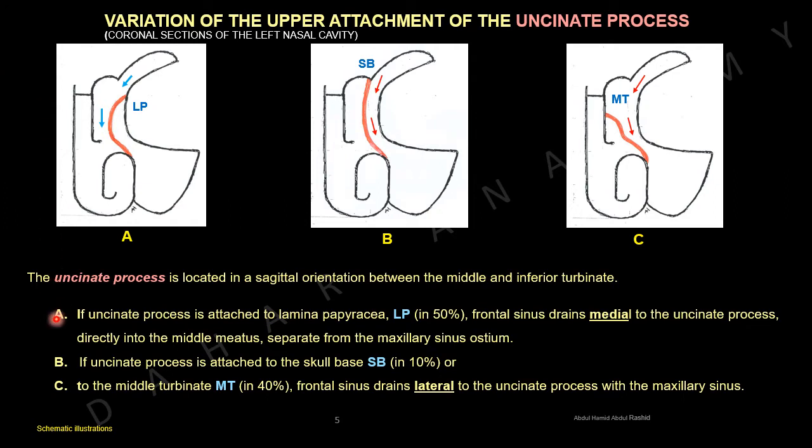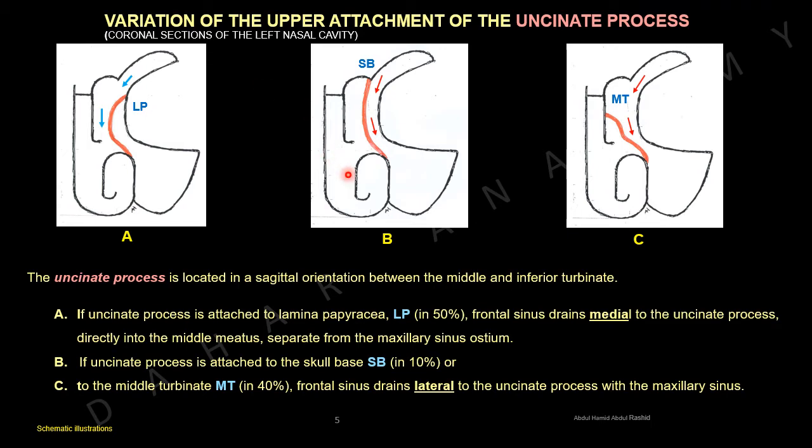A. If the uncinate process coming from the inferior turbinate is attached to the lamina papyracea on the lateral wall, the drainage from the frontal sinus will come medial to the uncinate process directly into the middle meatus, that is in 50%.